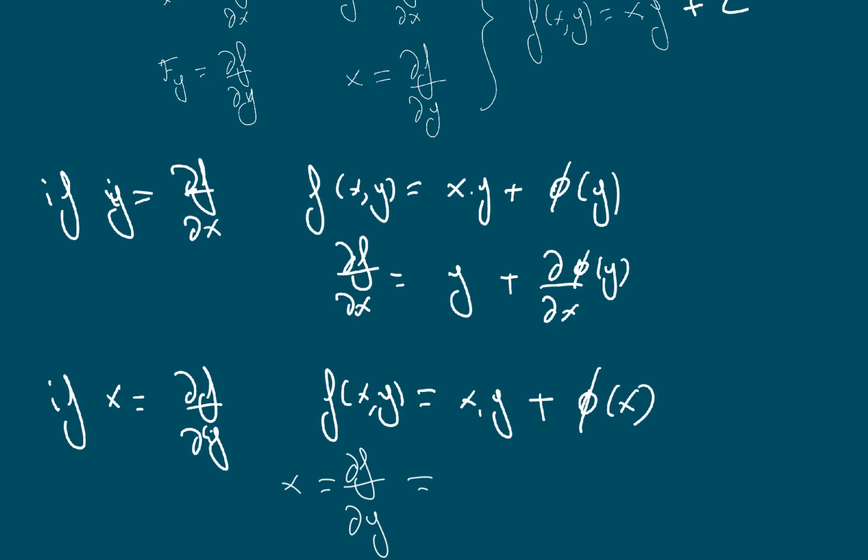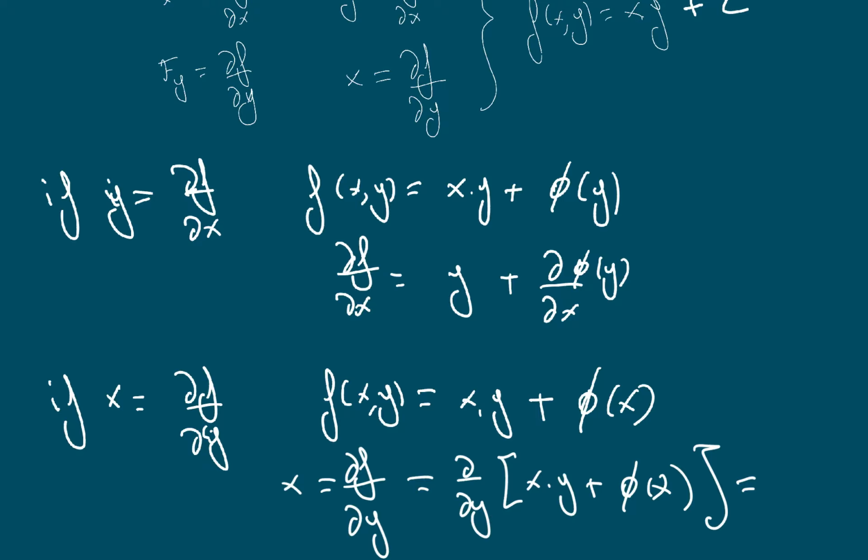If I do the partial derivative with respect to y of this expression, I will obtain x, because the partial derivative of x multiplied by y with respect to y is x, and the partial derivative with respect to y of a function that depends exclusively on x is 0. So, conclusion, the potential is x multiplied by y.